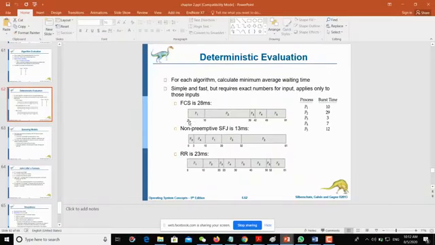From 0 to 10 milliseconds, P1 got executed. Then 10 plus 29 until 39, so from 10 to 39, P2 was executed. Then P3 is only 3 milliseconds, so 39 plus 3 is 42, and from 39 to 42, P3 got executed. From 42 to 49, we added 7, and P4 was executed.